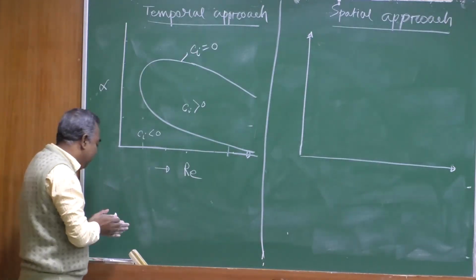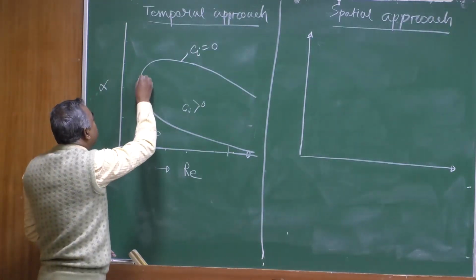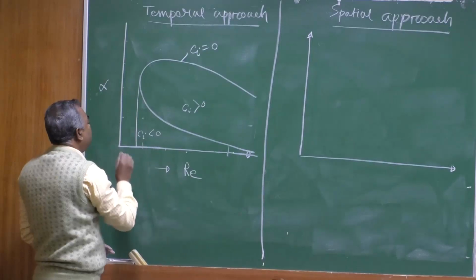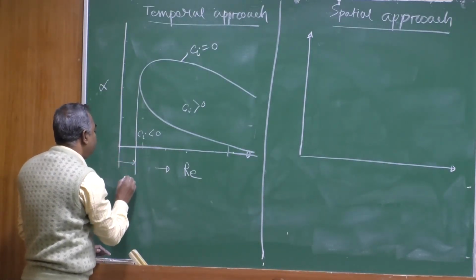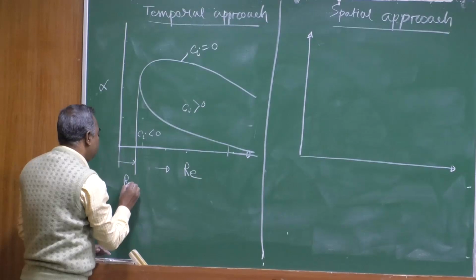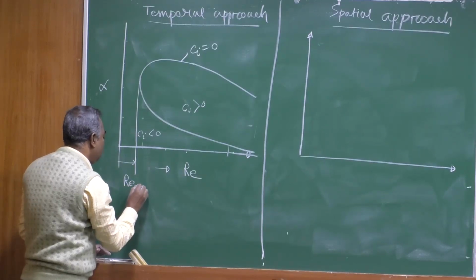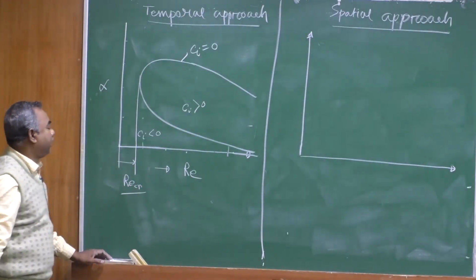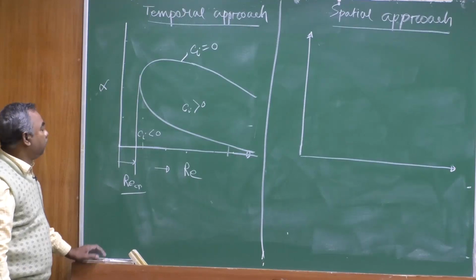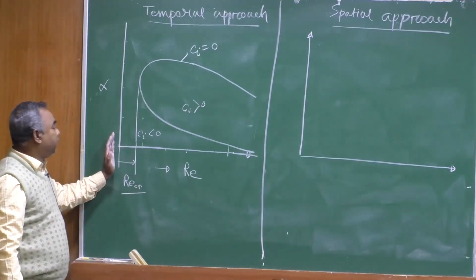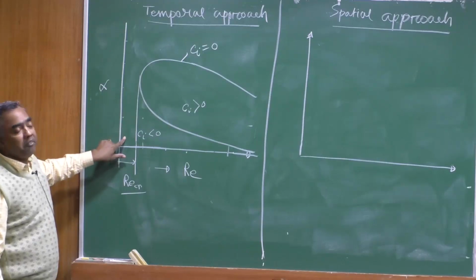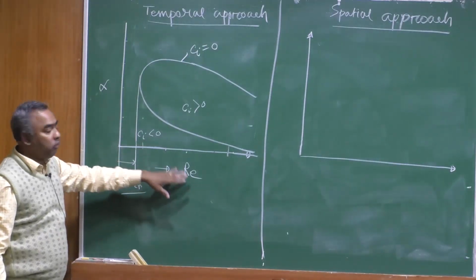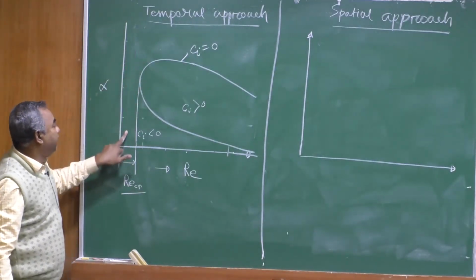So, that means there is a value of Reynolds number, this value Re_CR, below which for all alpha and C or Re, for all waves, it is stable.